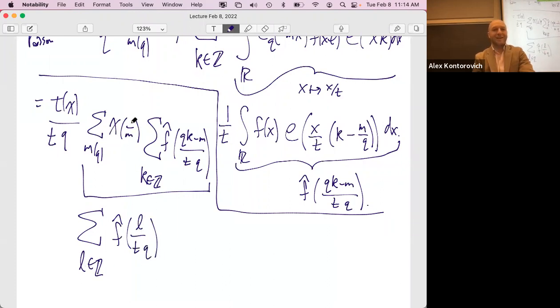And observe that this m bar is also equal to chi of m minus qk bar, or m bar minus qk. I don't know how you want to write this, but the point is that this is just going to be negative l bar.